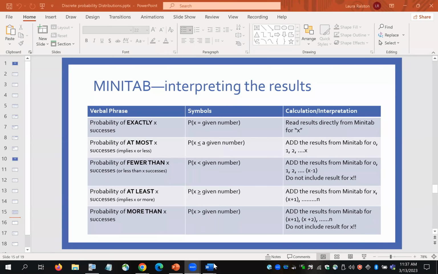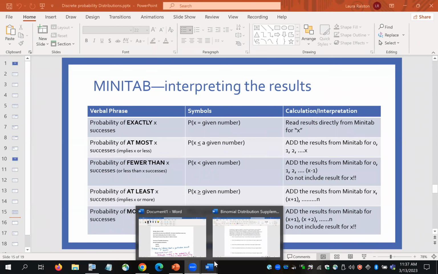I think I have some examples. All right, I'll post this document when I post the videos, because I know that these examples are not in the course.